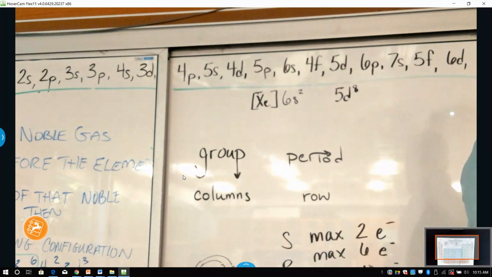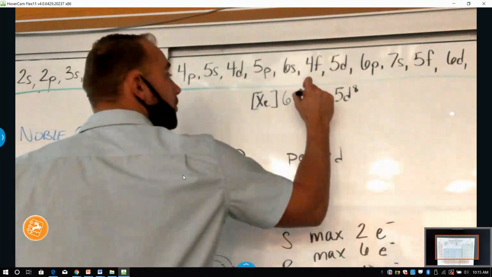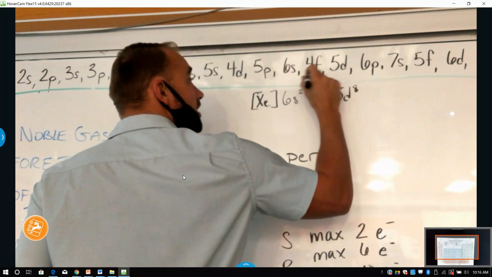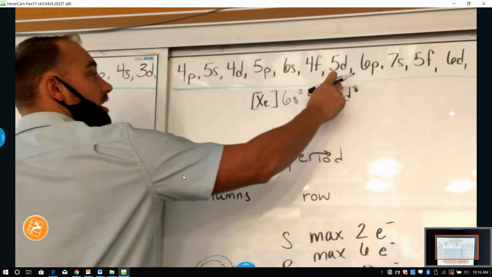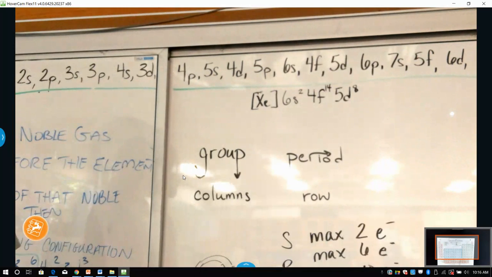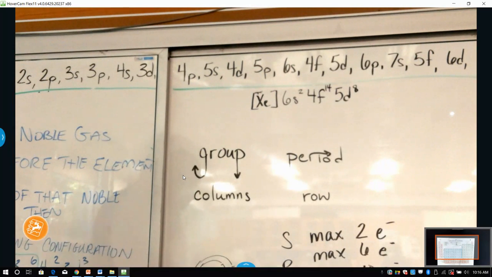The f block gets a maximum of how many? 14. So you would then have 4f14. And then that would put you where we need to finish, at 5d8. So doing it like that, guys, is a quicker way.